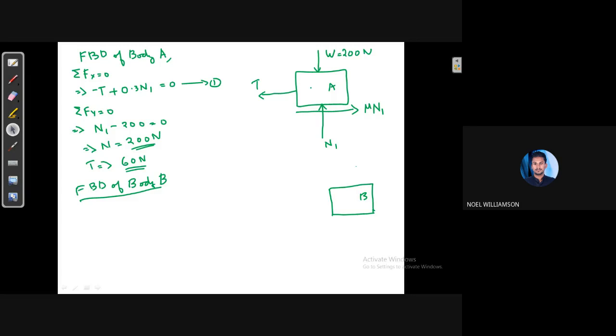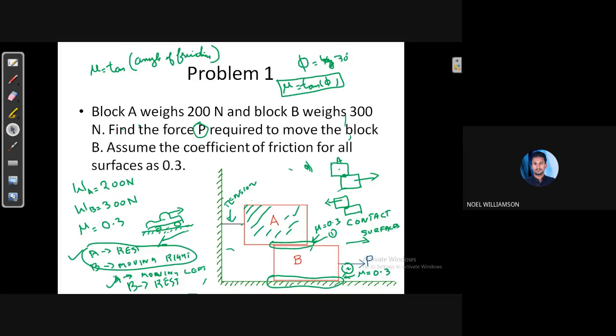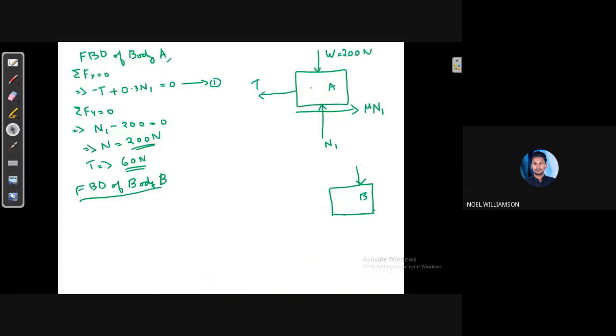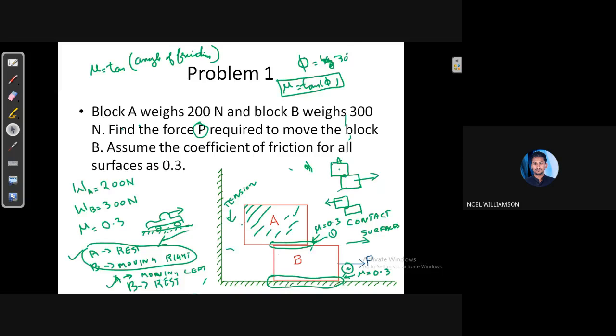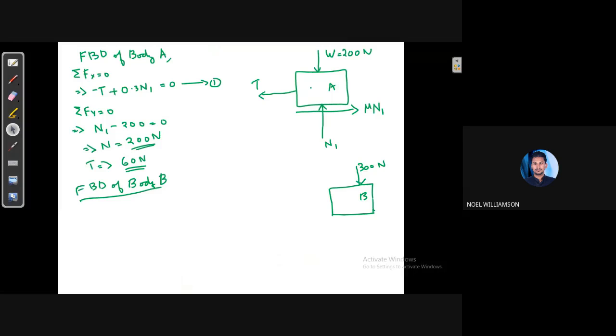First one, the weight W for B, its weight is 300 Newton. So 300 Newton weight is acting vertically downwards. Now we will see for B, there's an applied force P in this particular direction. So there's an applied force P to be determined.